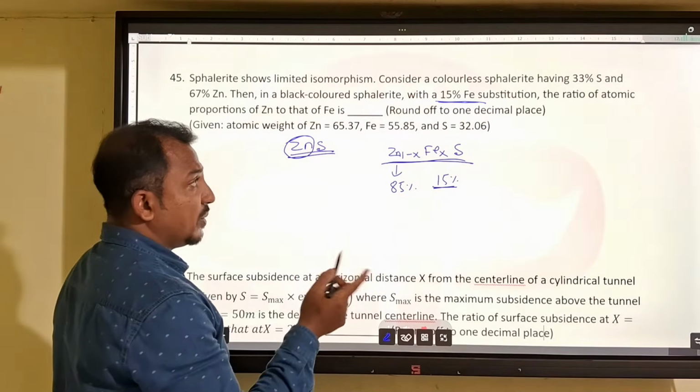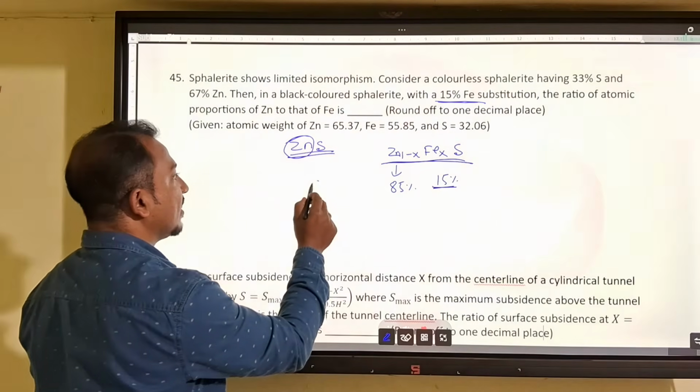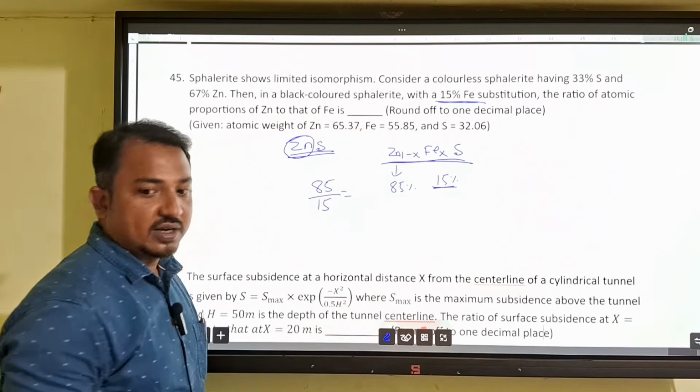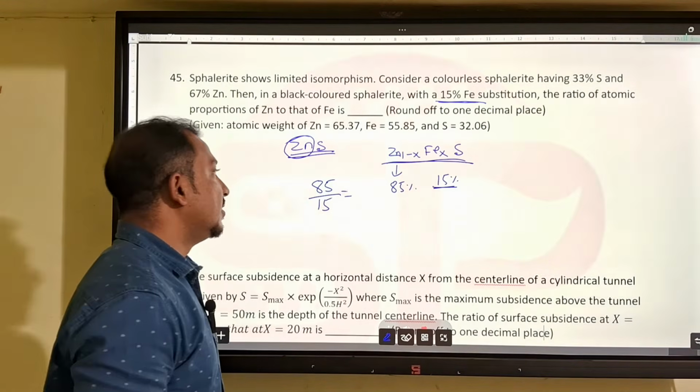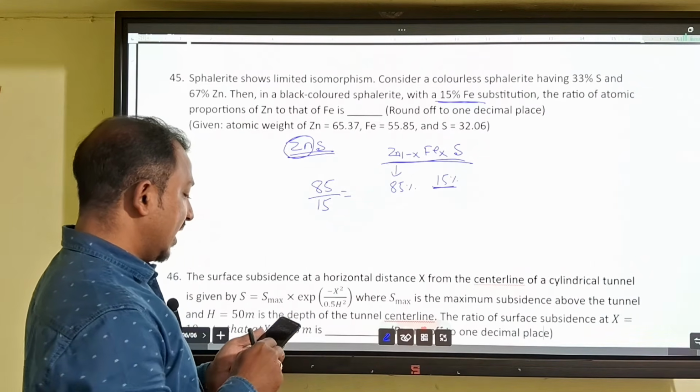So now we have to calculate the ratio of atomic proportion of Zn to Fe. Simple, we will take the ratio, that is 85 by 15.